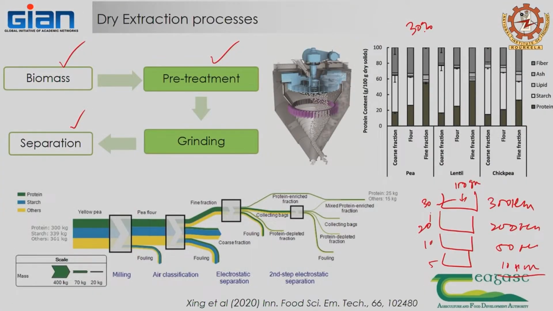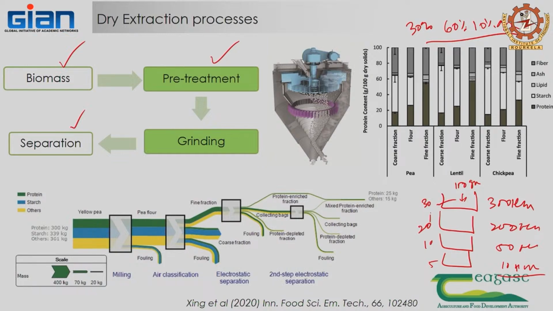Now, if you do the composition analysis, an original flour contains, suppose, 30% protein, 60% carbohydrate and 10% ash, just a rough estimation. Will each fraction have a similar composition profile?